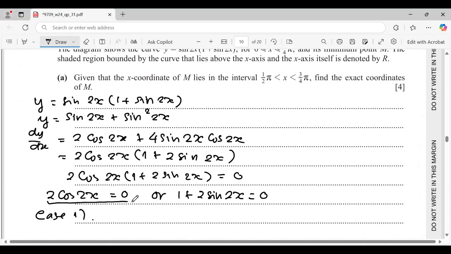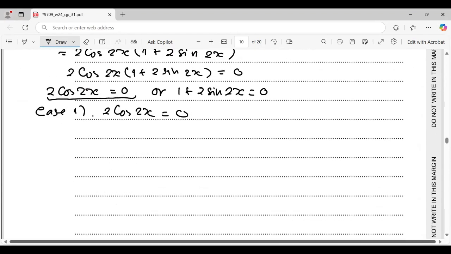The first case is this one, 2 cos 2x equals 0. If 2 cos 2x equals 0, it means cos 2x equals 0 because 0 divided by 2 equals 0.